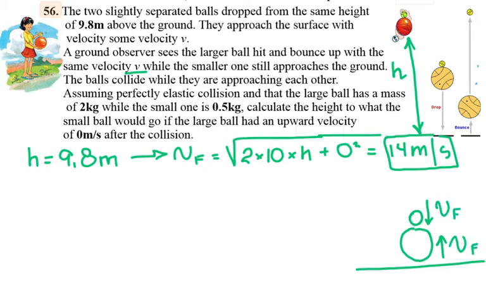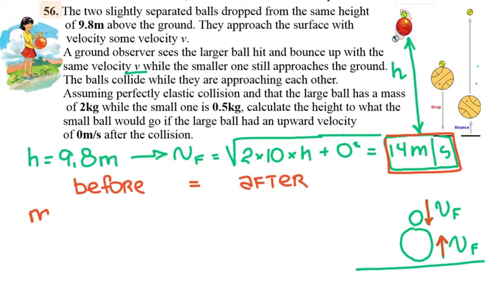This is where I can use momentum before and momentum after. This is your final velocity, and this one is bouncing back with the same final velocity. For momentum before, I have the mass of the little one times its velocity, v final, plus the mass of the second one times the same velocity, equals the momentum after.